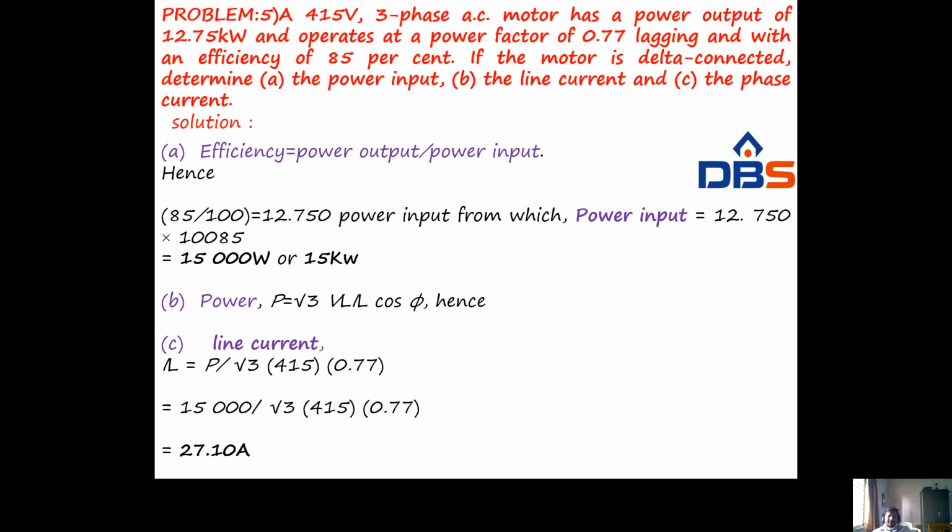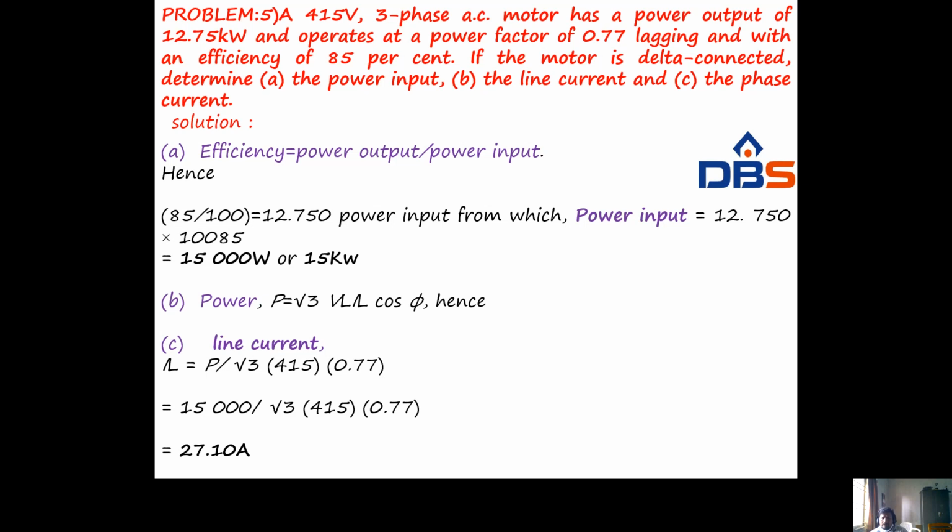So 0.85 is equal to 12.75 by power input. Therefore power input is equal to 12.75 by 0.85, that is equal to 15,000 watts, otherwise 15 kilowatts. Input is equal to 15 kilowatts.